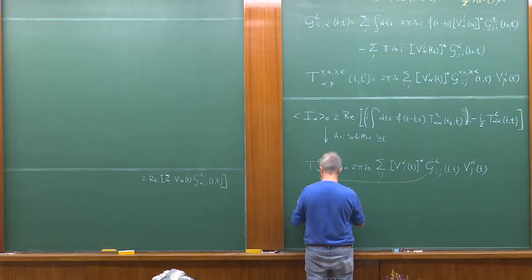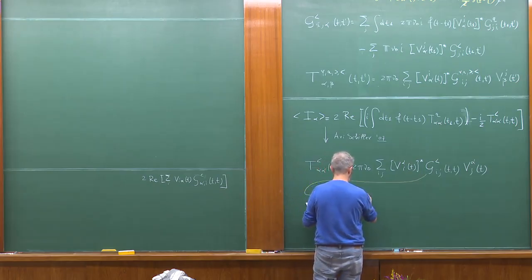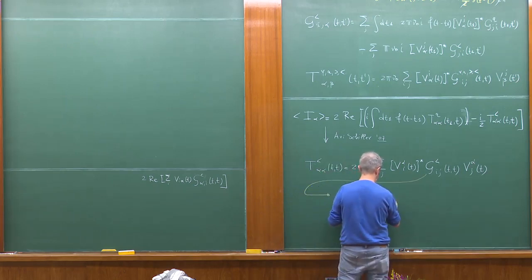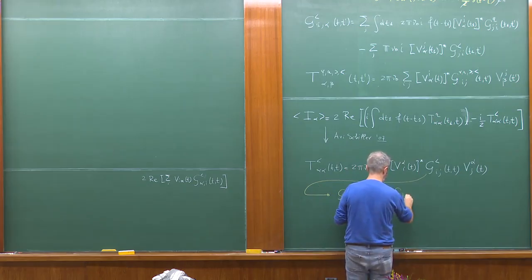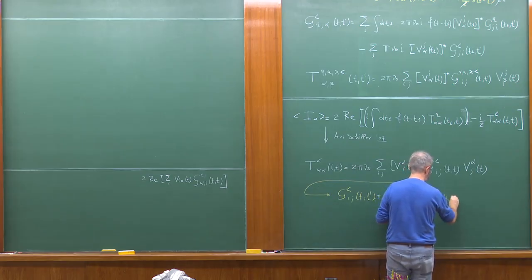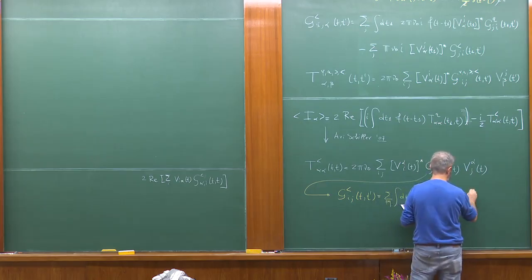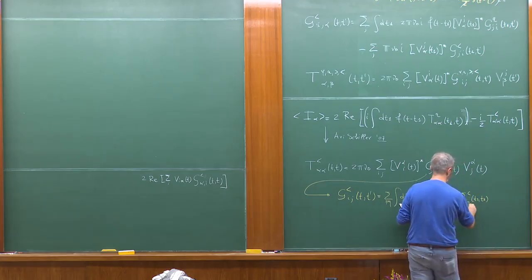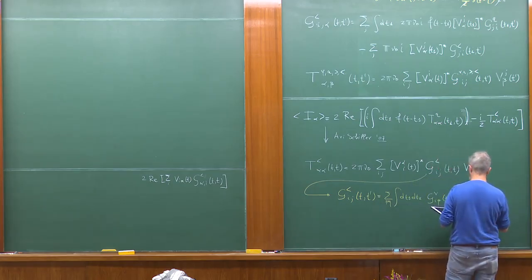So here, let me write G lesser ij tt prime in general is equal to the sum over p and q, integral dt1 dt2, G retarded ip tt1, sigma lesser t1 t2 pq, and then G advanced qj t2 t prime.